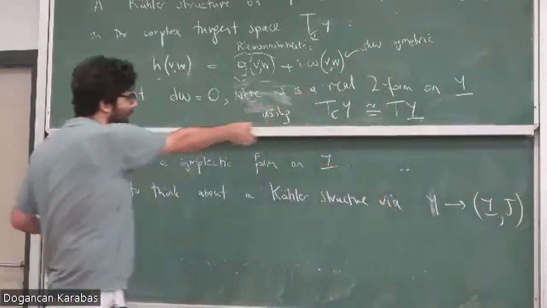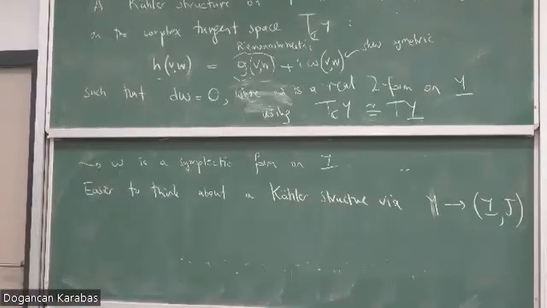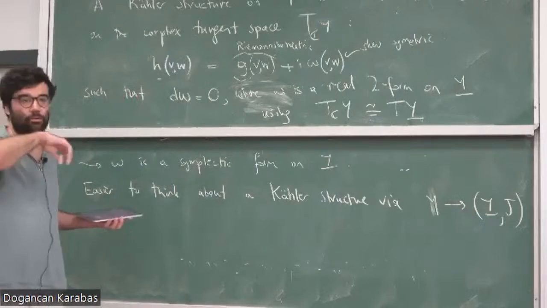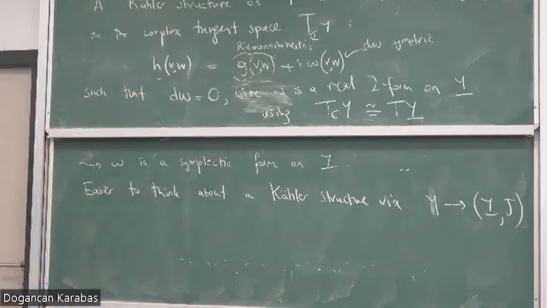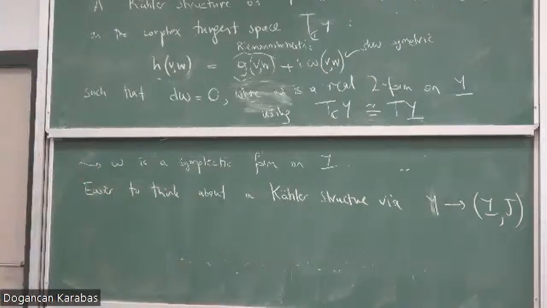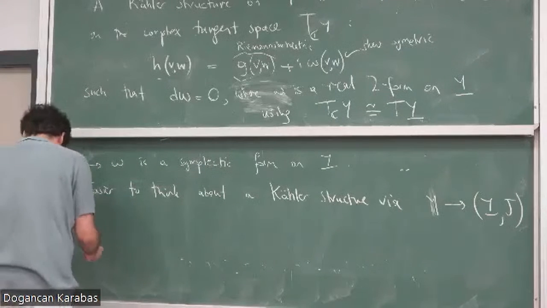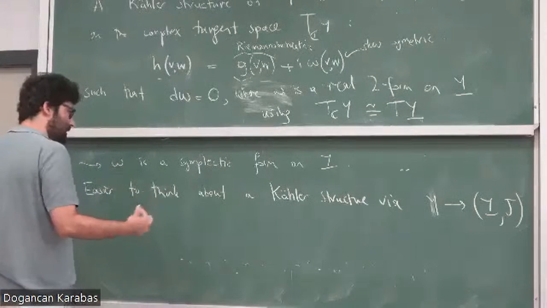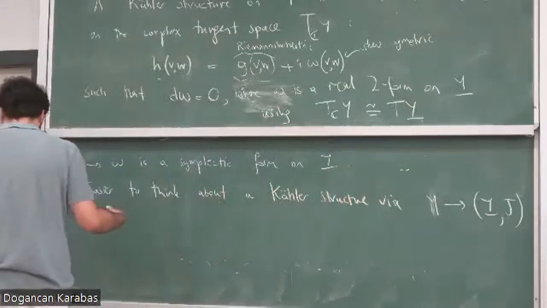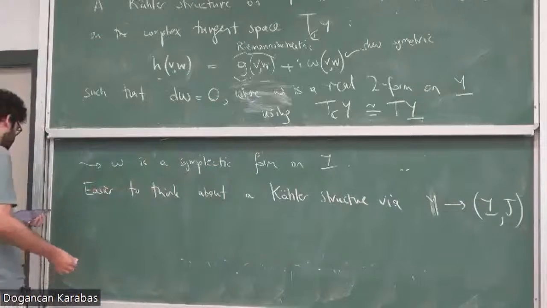You notice I already had to make contact with this underlying smooth manifold. The reason is that this is not really a holomorphic object. This is a Hermitian metric. It's not really holomorphic in a way. You could understand that maybe using real coordinates could make things a little bit more understandable.